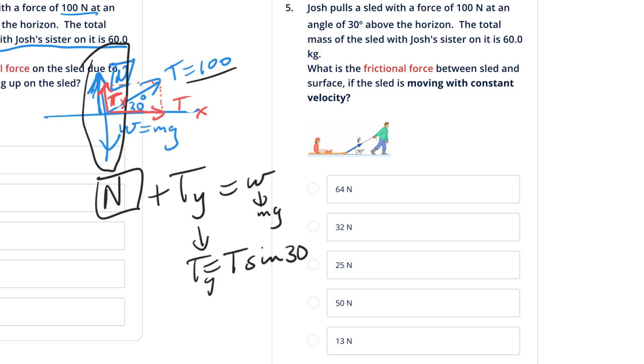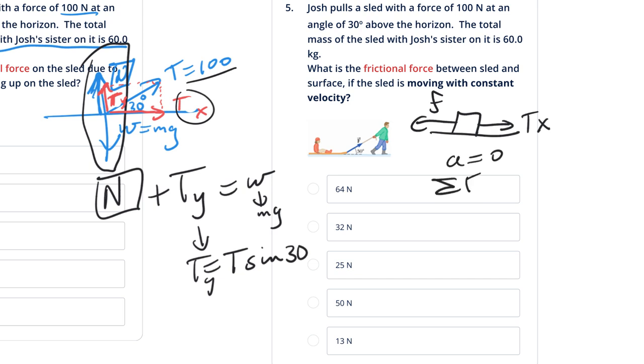Now it's the same problem, but now there's friction. If you're moving with constant velocity, that force, which would be, look at my former picture, Tx, not tension, would equal the friction. Because acceleration would be 0 if you're going constant speed, net force would be 0, and so the forces are balanced.